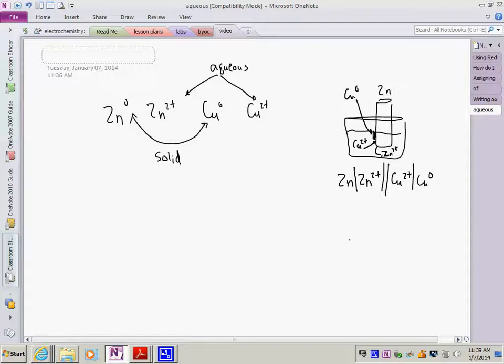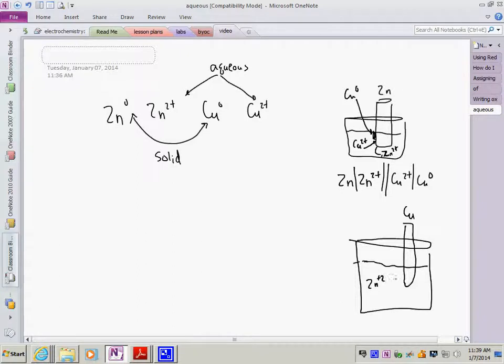I have this same beaker, a little more depth to it, solution, piece of metal. In this case, the piece of metal would be copper, and the zinc 2+ would be in solution. As this comes up, it would become solid zinc metal, and the copper would jump off, Cu 2+.